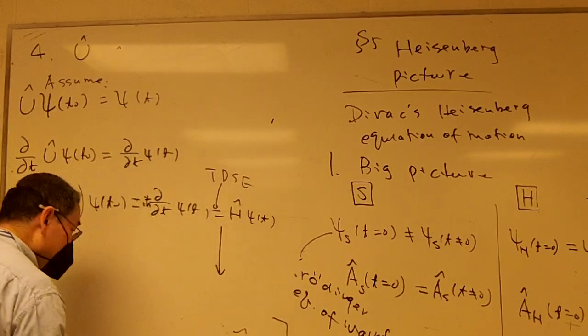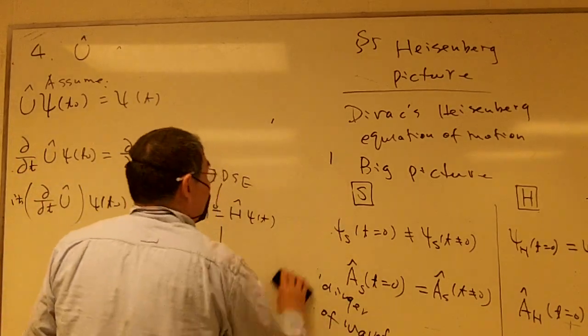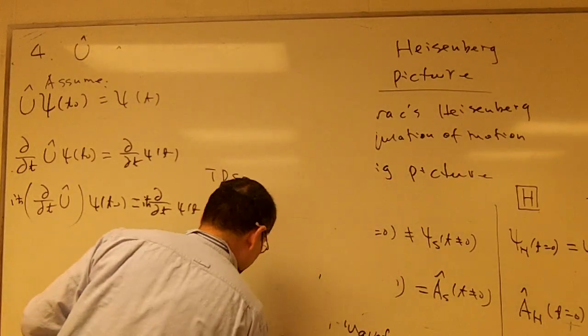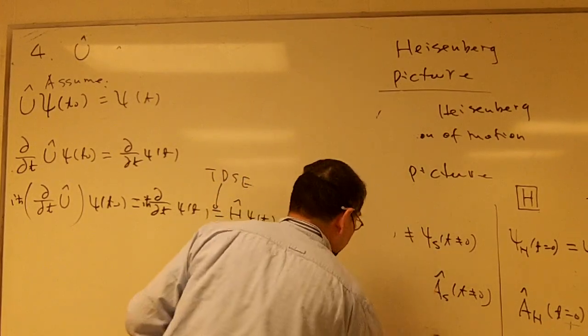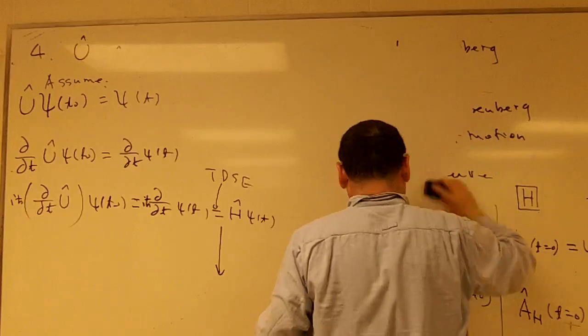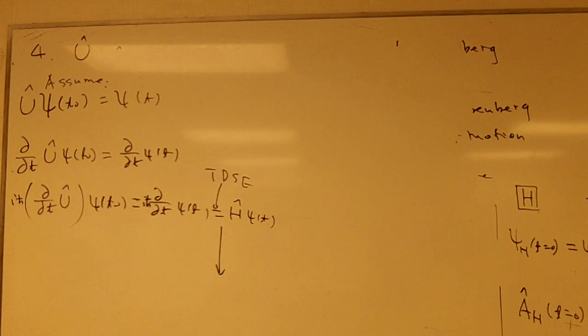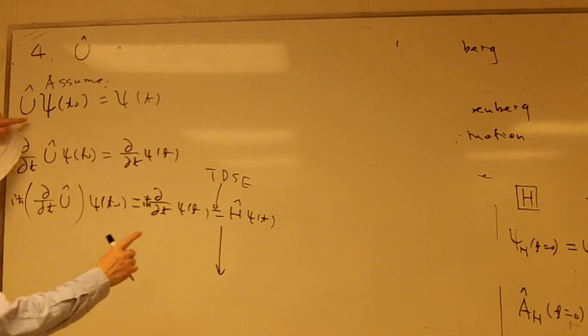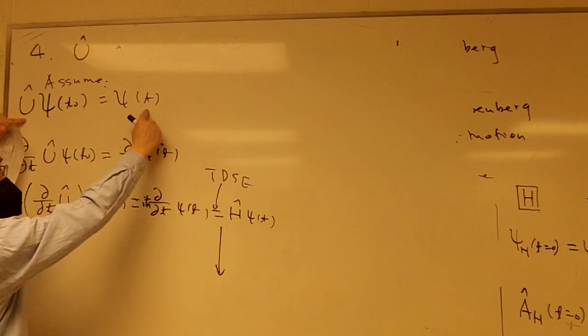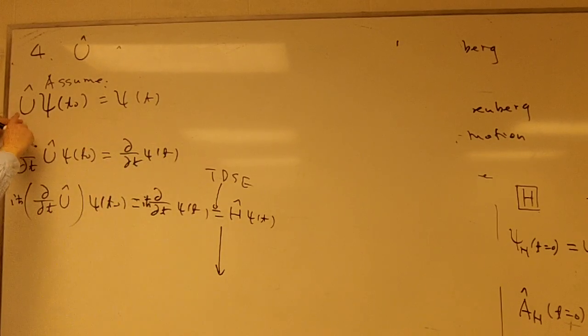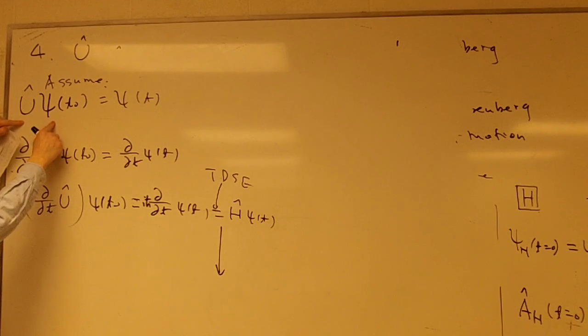Now let's move on further. I really like these arrows. That would be much better to explain it, so you can see what I'm doing here. Okay, so this is the one that I have. Now, did you see my phi of t equals U times phi of t?